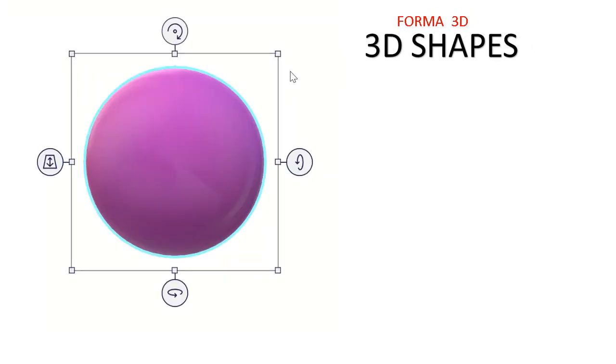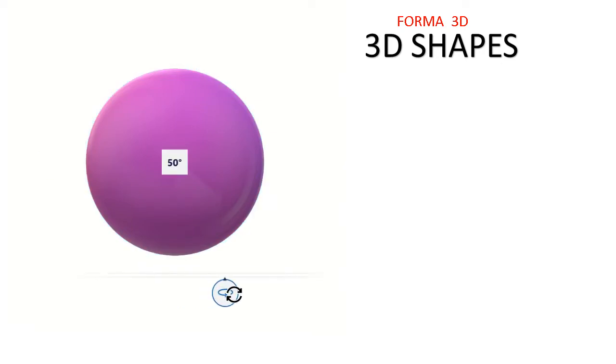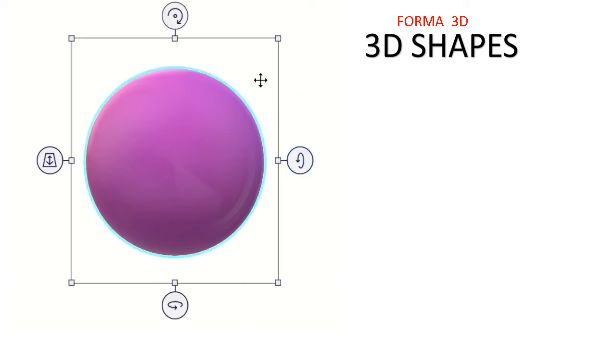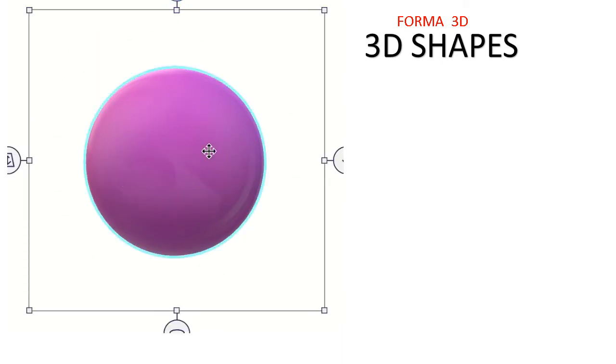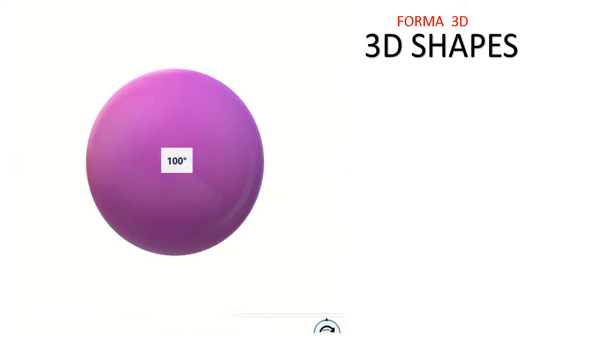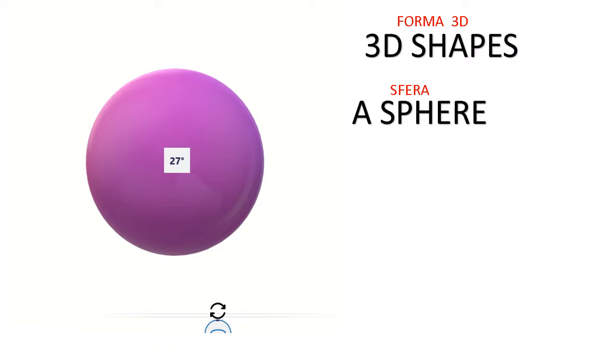Another 3D shape. That means I can turn it around this way, I can turn it around this way, and I can turn it around this way. This shape is always the same because it's a sphere.